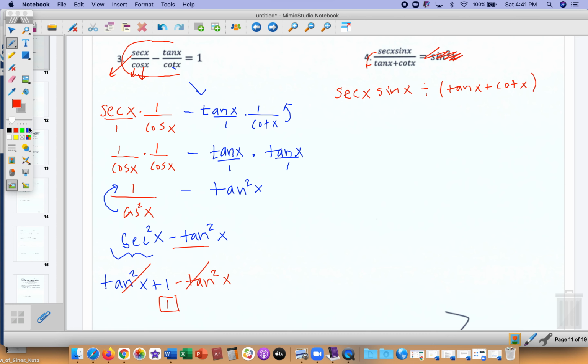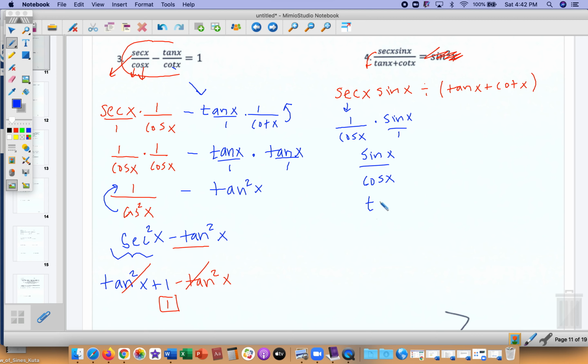And we can play around with secant x and write this as 1 over cos x times sine x over 1. So we have sine x over cos x.